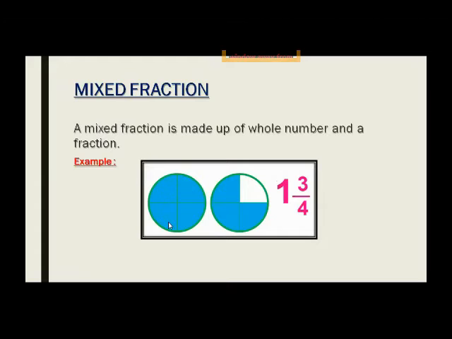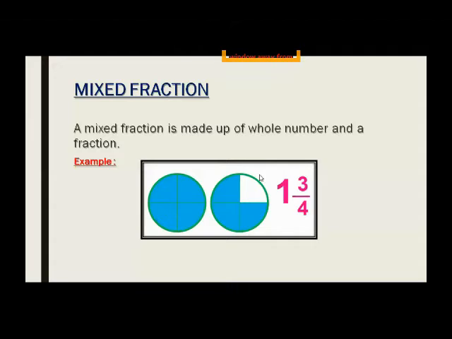In a mixed number, first we will take a whole, then we will take a fraction. So this represents 1 whole, then 3 parts are shaded, 3 upon 4. So this is 1 whole 3 upon 4, a mixed fraction. A mixed fraction is made up of a whole number and a fraction.